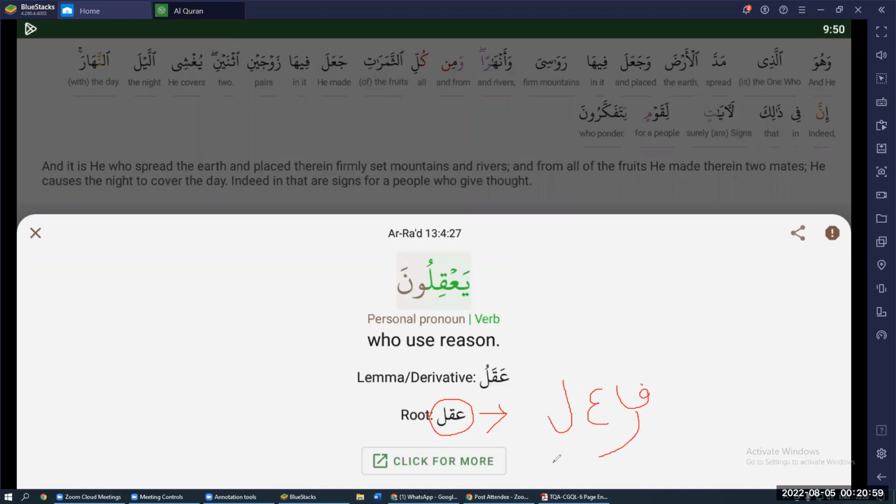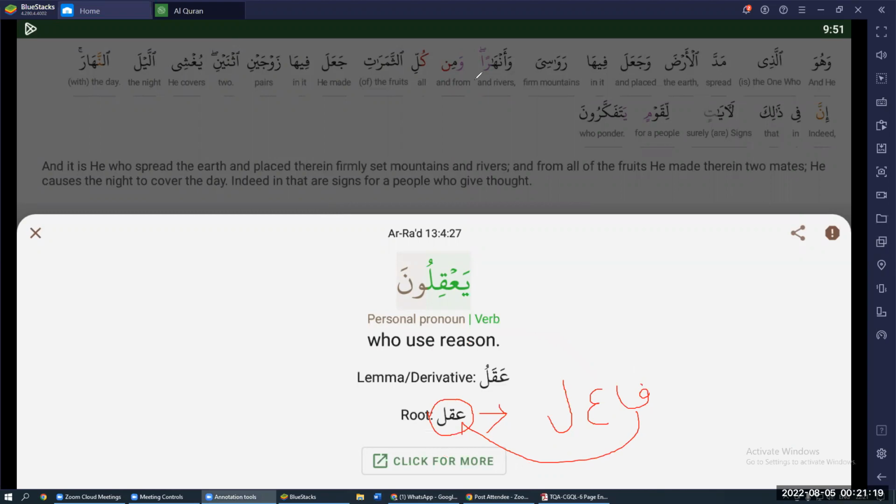The first letter we will call Fa. In English we call it the first radical. The second letter we will call Ain, and the third letter we will call Lam. Here, fortunately, the third letter coincides with the original. Okay.